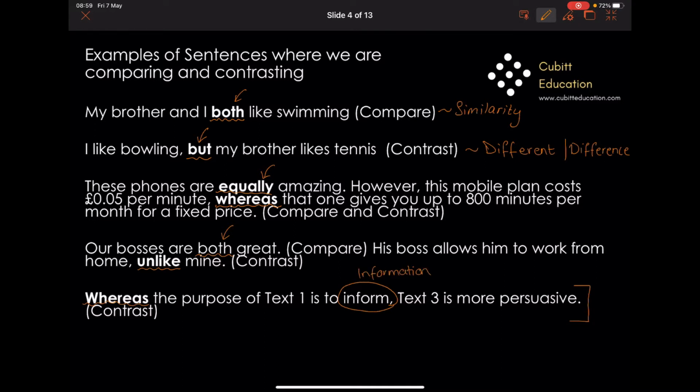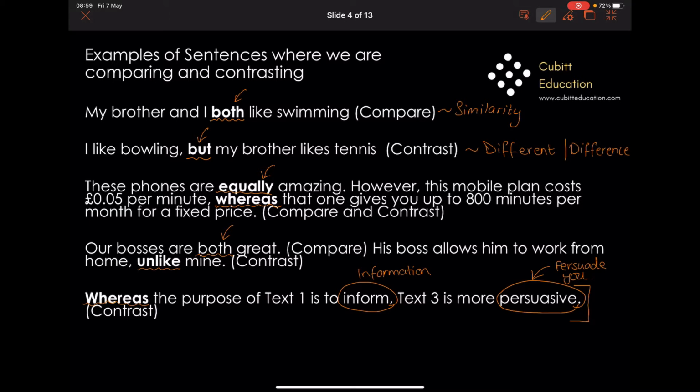However, text 3 is trying to persuade you to do something, probably buy something. That's usually why something is persuasive. So there's some really nice examples of using vocabulary where we have compared and contrasted.